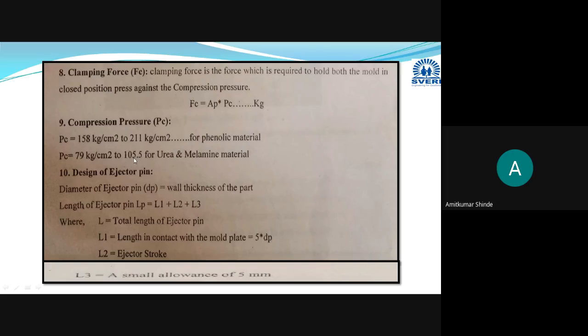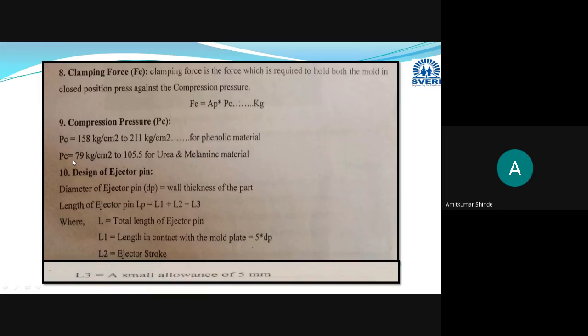Sometimes it may be 105 or 110. I have asked some MCQ questions on this: the compression pressure values for phenolic material, and for urea and melamine material. You have to remember this while solving objective questions.